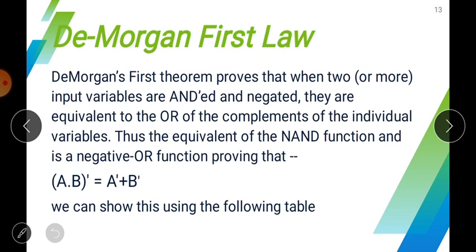Meaning if there are two input variables, A and B, first they are ANDed and then they are negated, in short the NAND function. So this function is equal to the complement of A OR the complement of B.